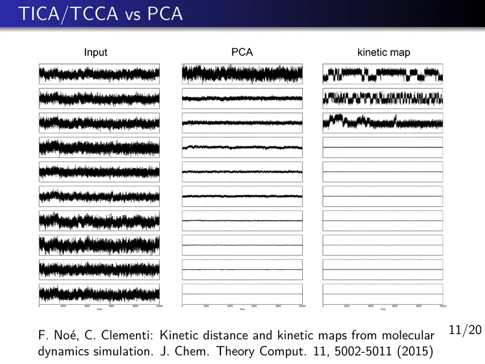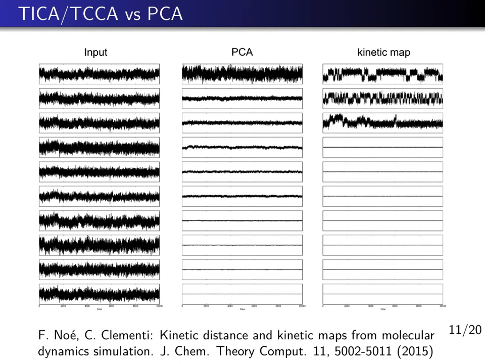A variant of these methods is the kinetic method, where we scale every latent space dimension with the corresponding eigenvalue. And then we get an embedding as shown here. So you see that you have large eigenvalues in the first 3 dimensions, and they correspond to the slowness of the signal.